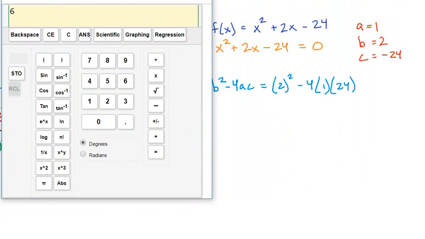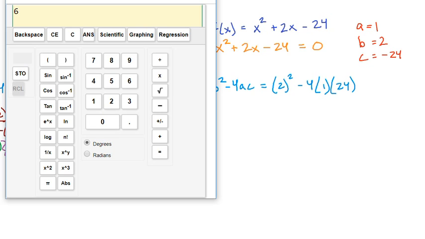I know some of you like to do these problems out by hand, but it's a whole lot faster just to use the calculator. Alright, I've got parenthesis 2 parenthesis squared minus 4, and then 1 in parenthesis. There's our a value, and our c value is 24. Let's hit the equal sign.